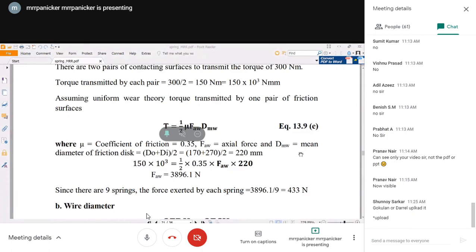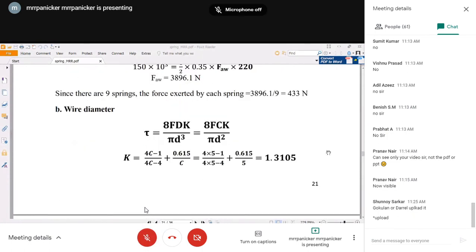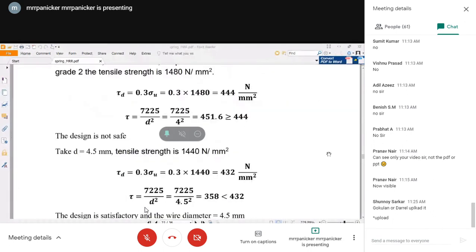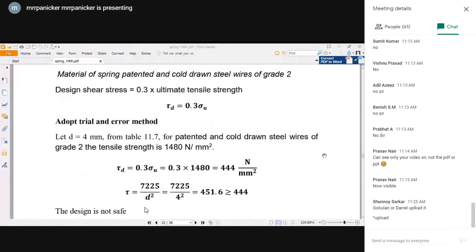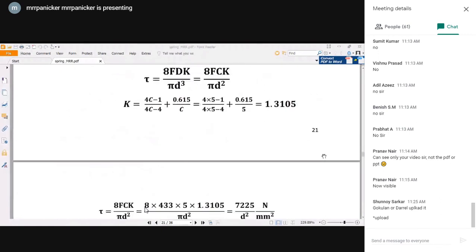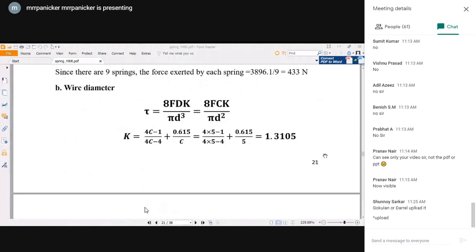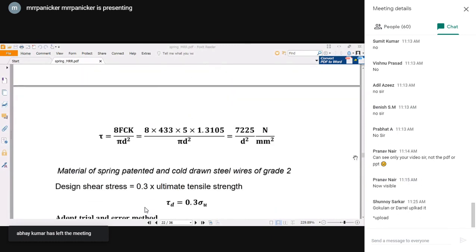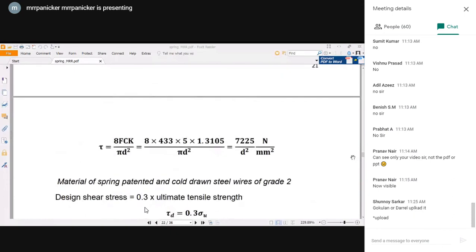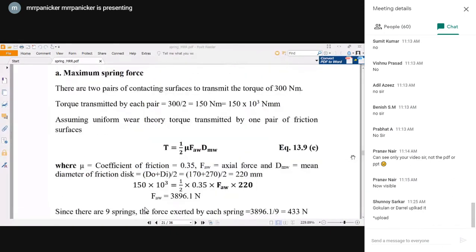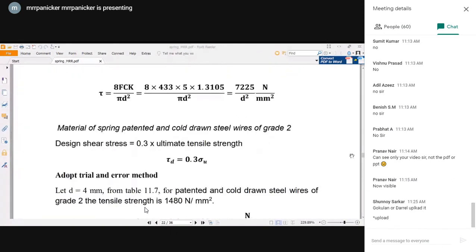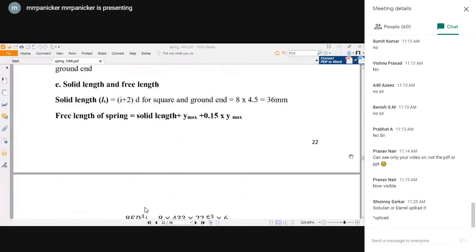For fluctuating loads, fatigue loading, the equation is not directly given. So that equation you have to learn by heart. That is also given.